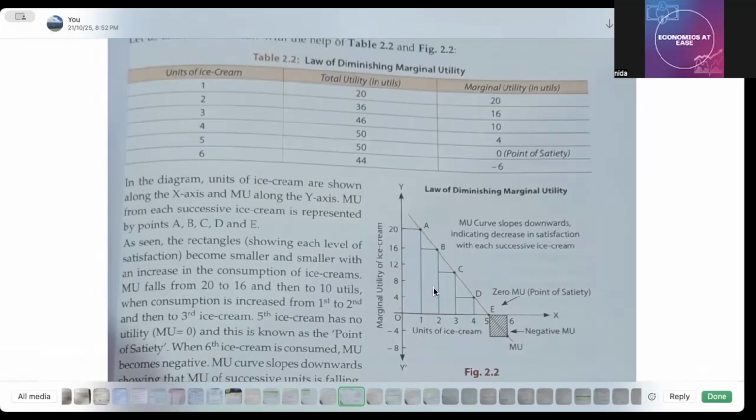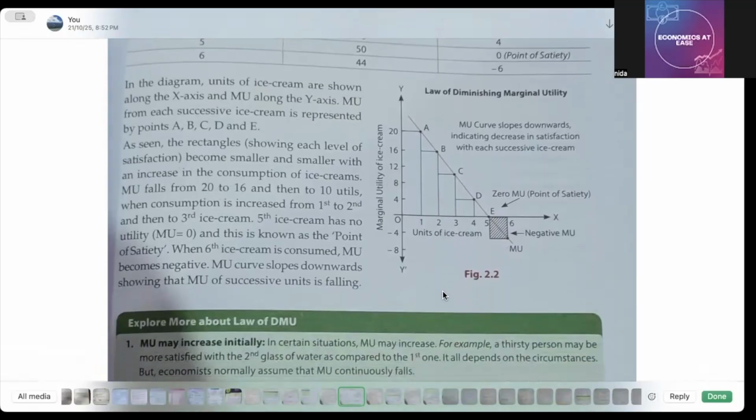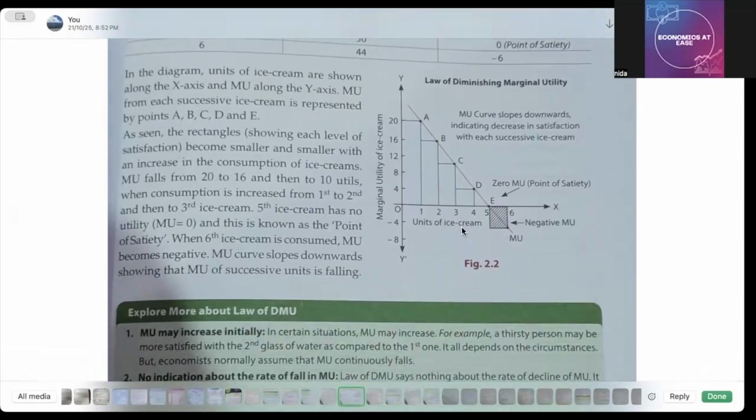Eventually the MU touches the x-axis, that is the point of satiety, it becomes 0, and after that it becomes negative. जब यहाँ पे negative हो जाएगा, beyond that it falls below the x-axis where MU becomes negative. Then the whole explanation is like that only.